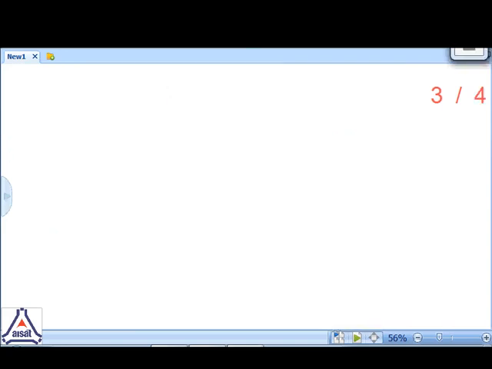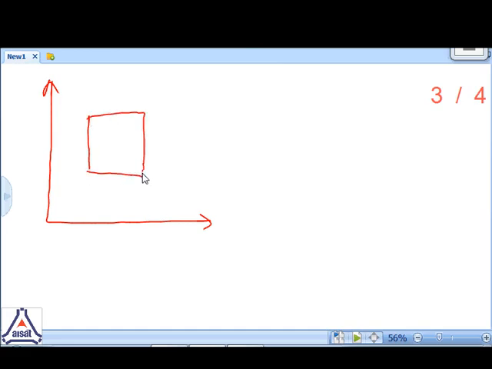Now we are going to study the 2D translation in y direction. This is the diagram that we drew previously. I am going to move or shift this square in y direction.